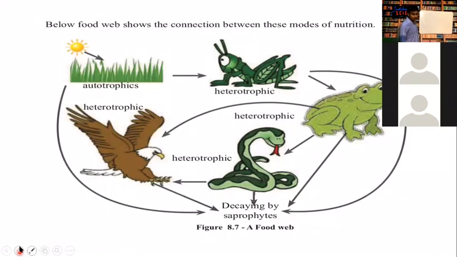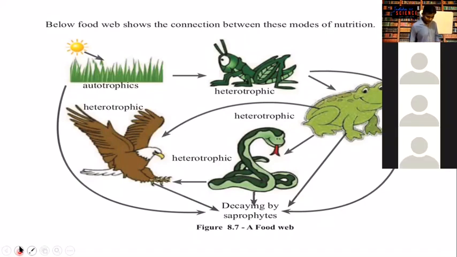Heterotrophic organisms. Complete the blanks. The organisms who cannot produce their own food by themselves are known as heterotrophic organisms. Yes.